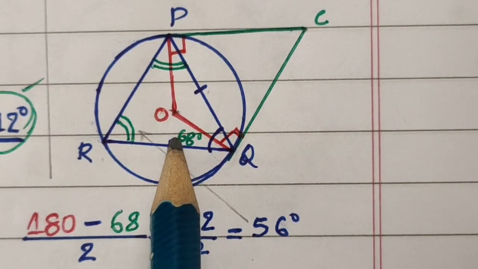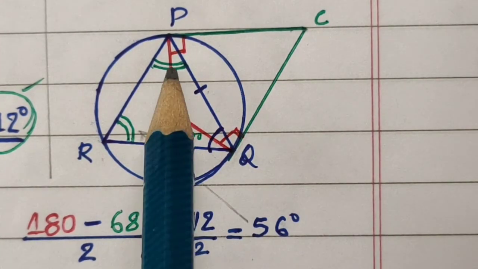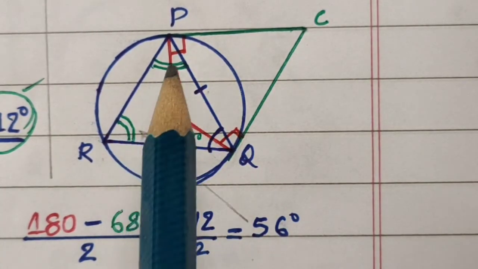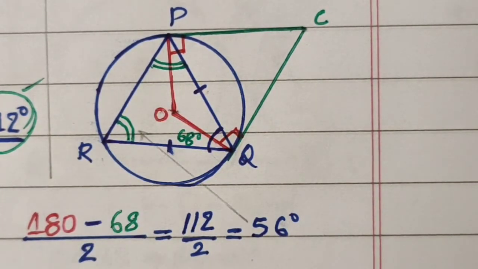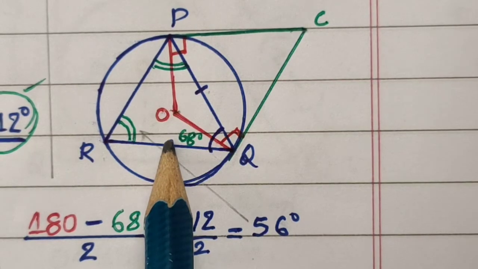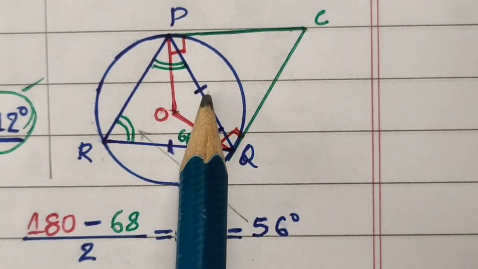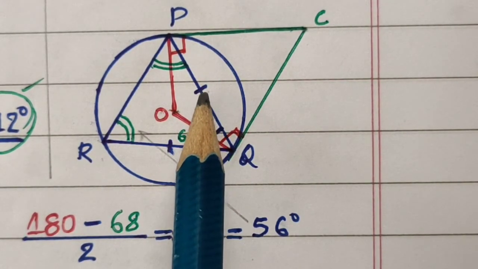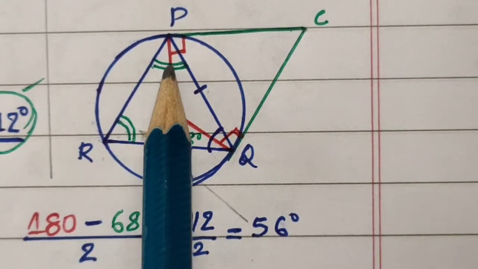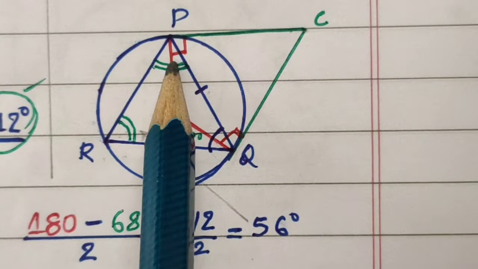Therefore, the angle opposite this side is equal to the angle opposite that side. Opposite angles of equal sides are equal. This angle is equal to this angle.